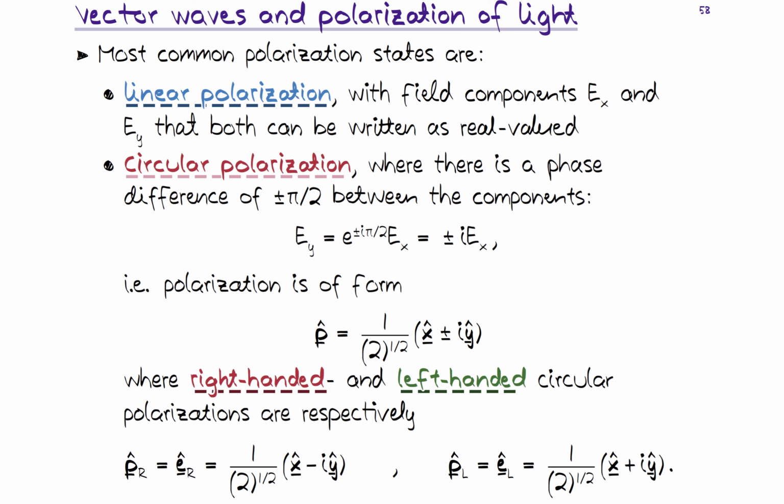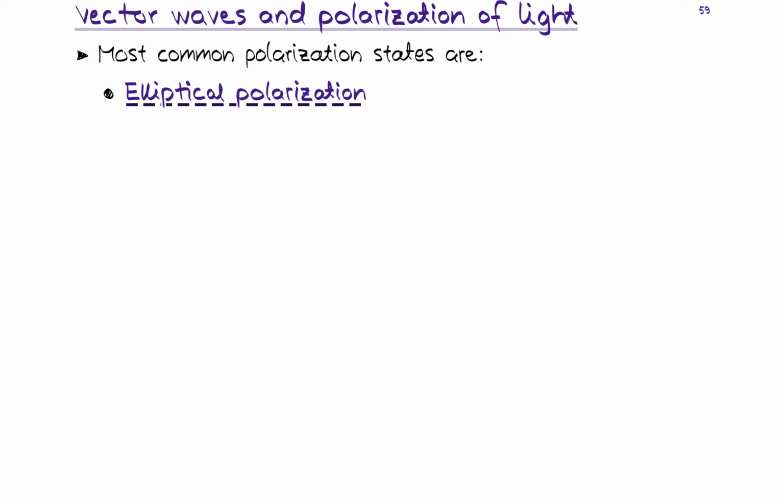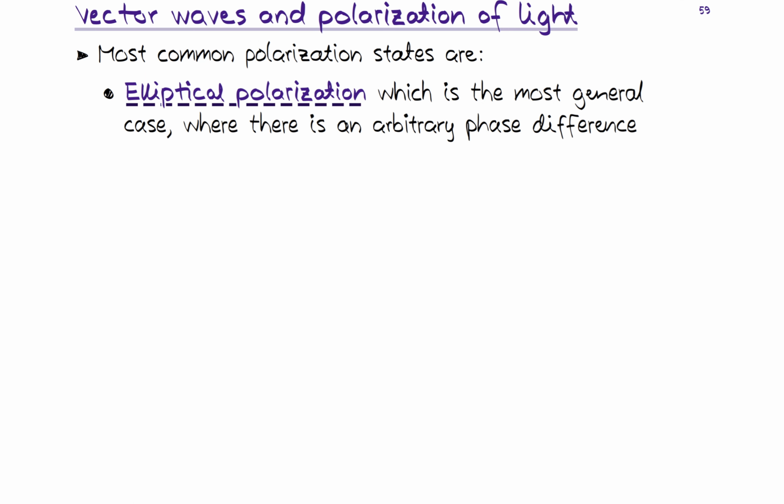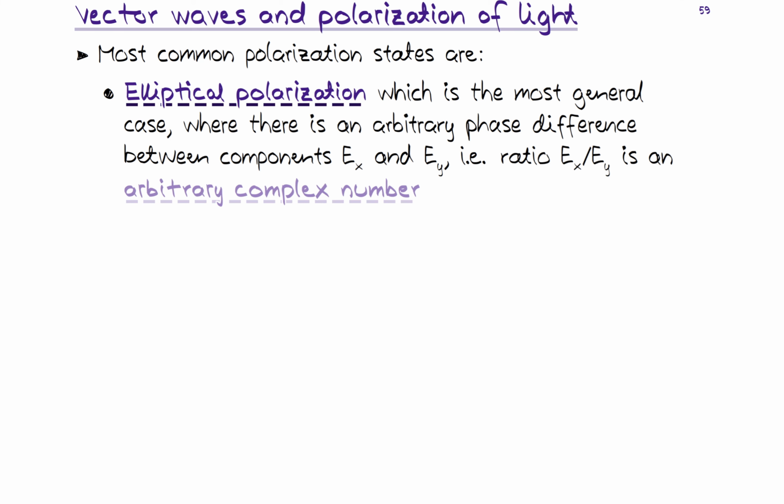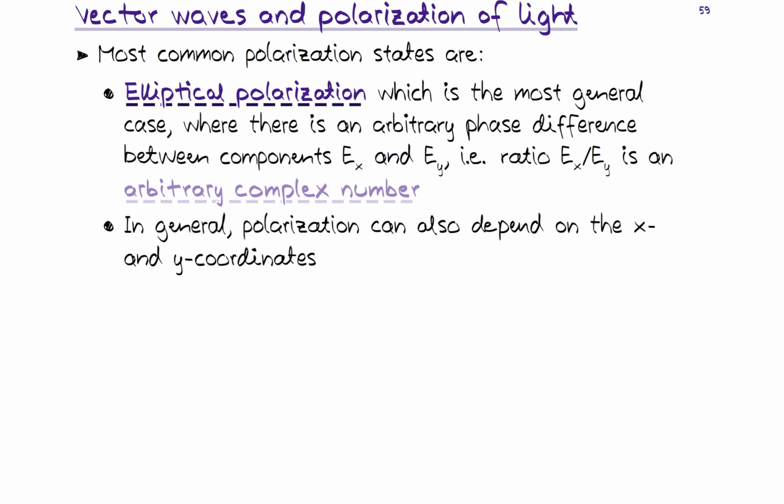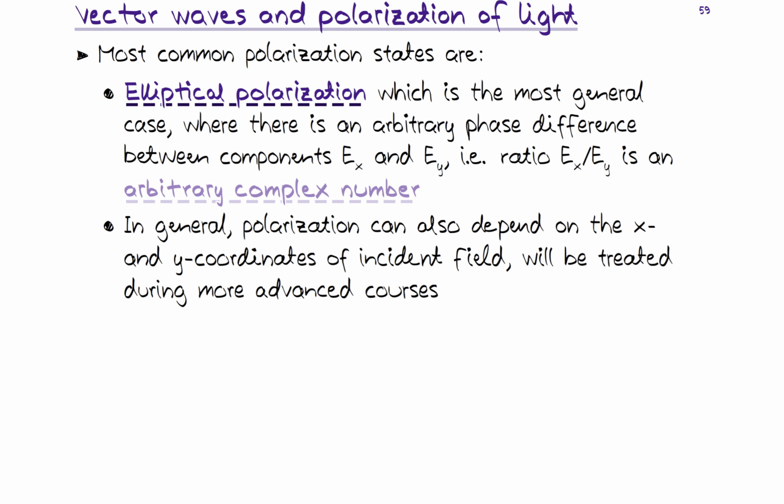And now finally, let's generalize. There's also a polarization known as elliptical, and this is of course the most general case of polarization. There is an arbitrary phase difference between the different components Ex and Ey, so the ratio of Ex to Ey is an arbitrary complex number. In general, the polarization of a more arbitrary field could also depend on the x and y coordinates, but this kind of treatment will be left for more advanced courses.